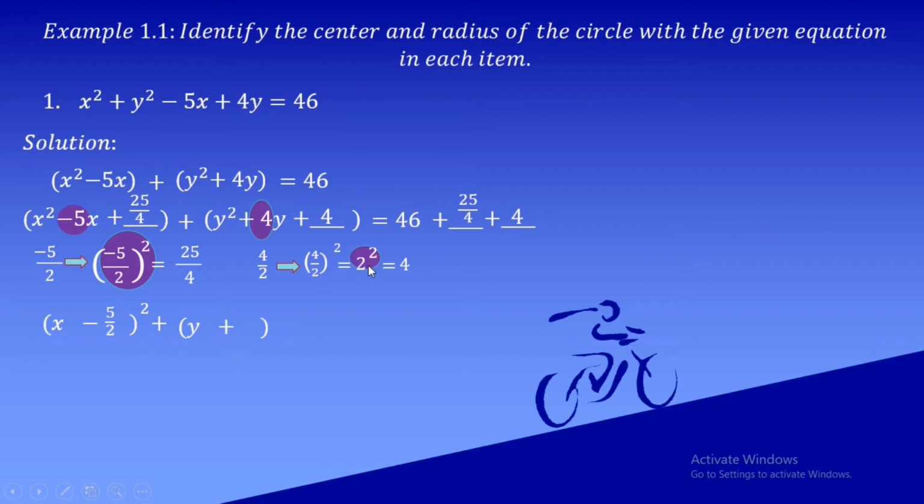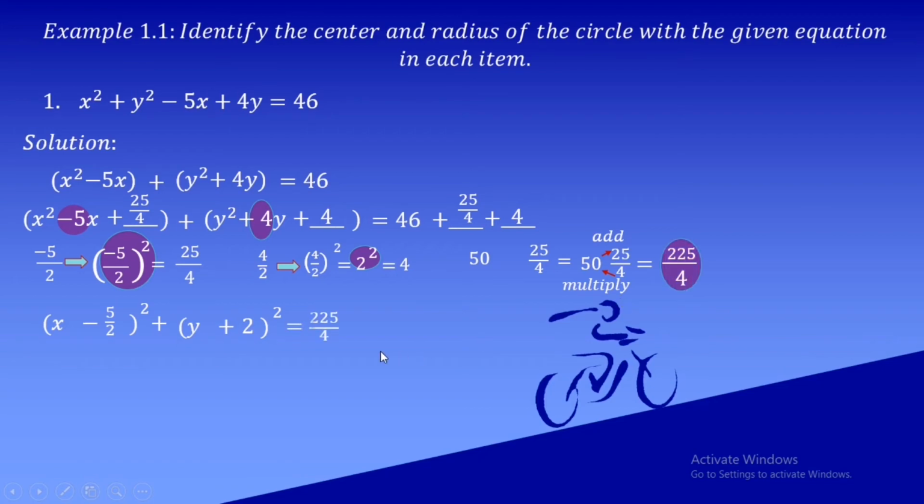For the y part, the trinomial is equivalent to the quantity of y plus 2 raised to 2, and is equal to, get the sum, 46 plus 4 is 50, then add the 25 over 4. Using the mixed number, 4 times 50 is 200 plus 25 is 225 over 4.